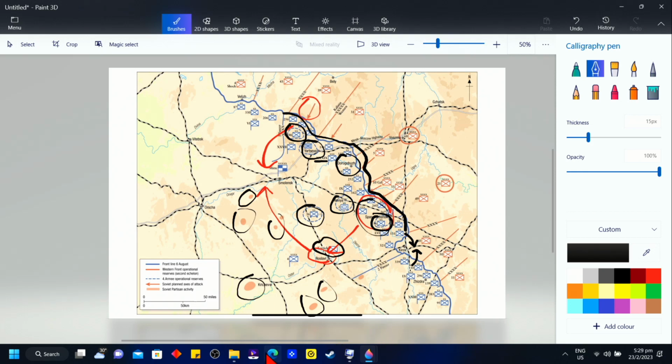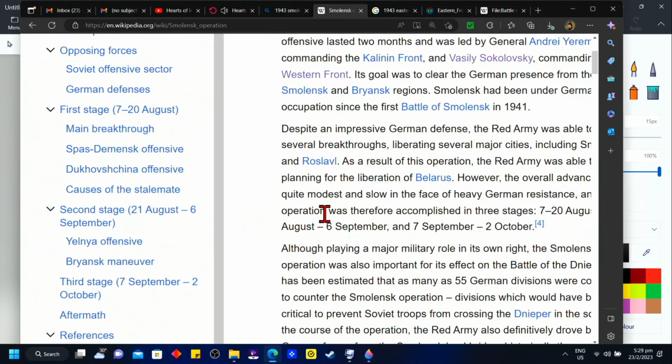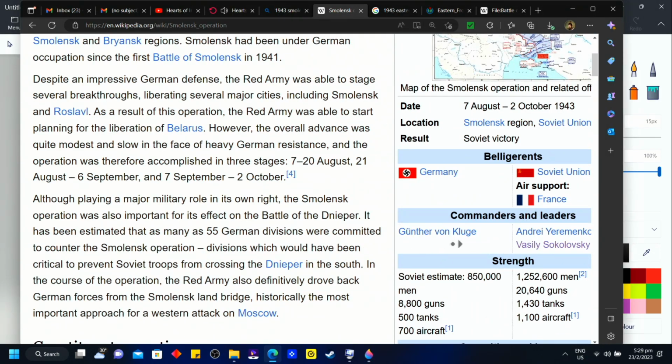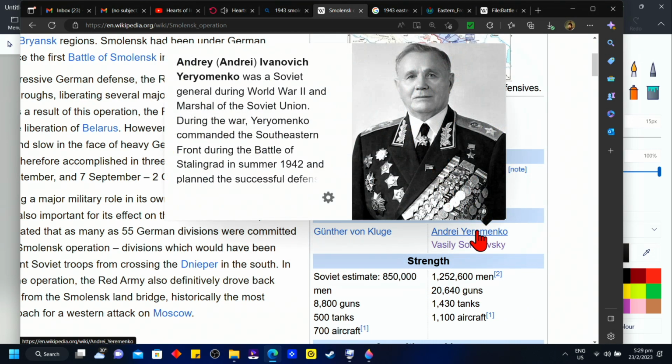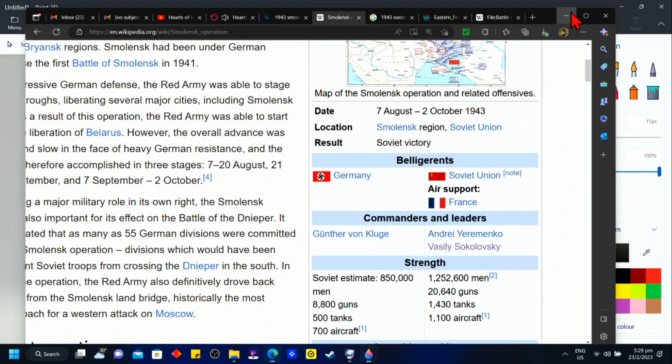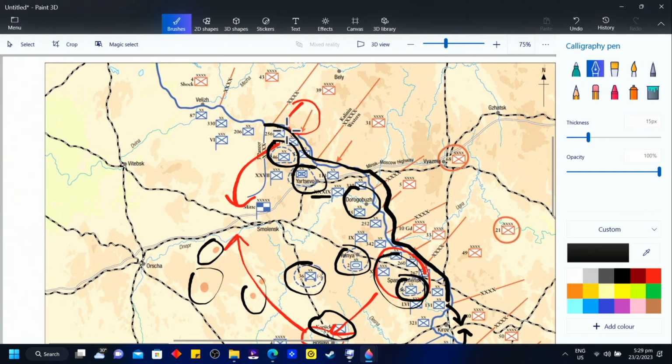Okay, let's check the commanders involved. So the Western Front was led by Vasily Sokolovsky. Then Andrei Yeremenko was the commander in charge of the Kalinin Front.